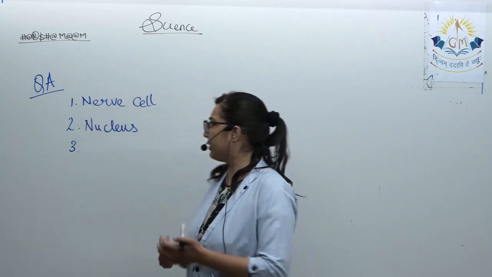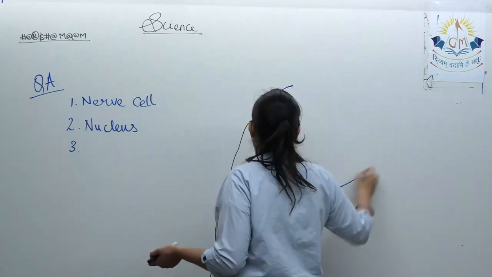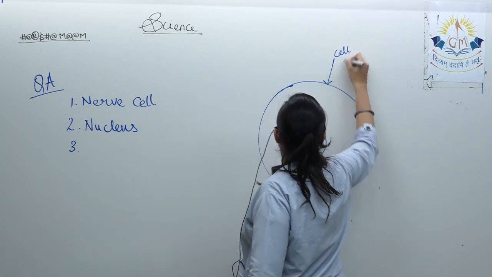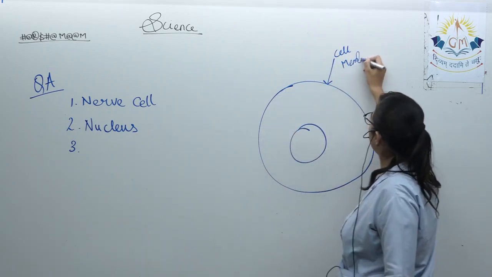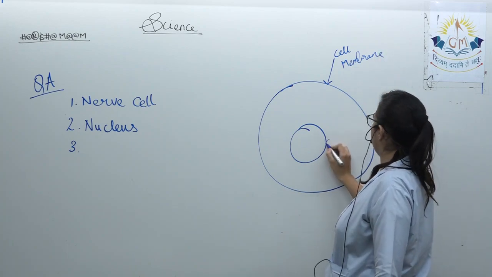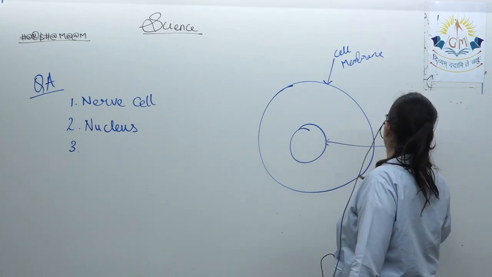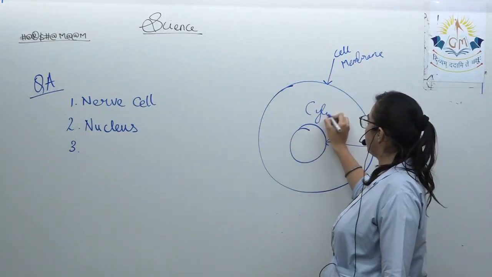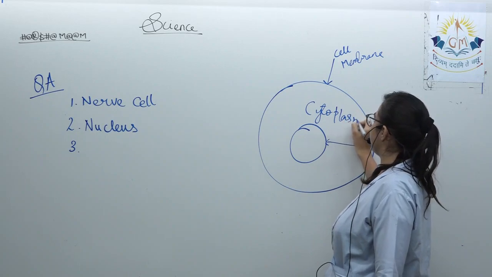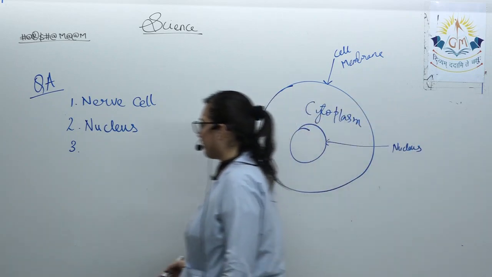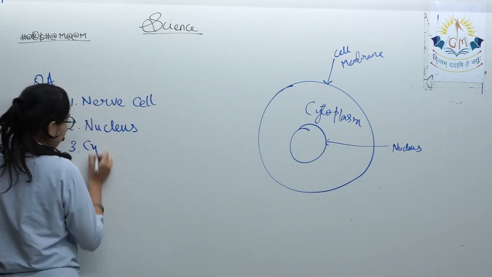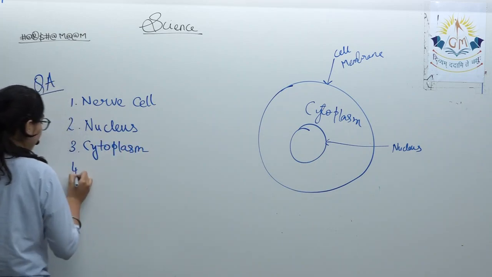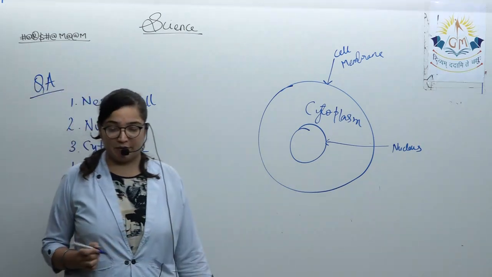You already know that the cell membrane, the nucleus, and between them the fluid, the liquid part which is present over here, is called cytoplasm. So, the third answer is cytoplasm. I hope you are remembering now the previous topics.